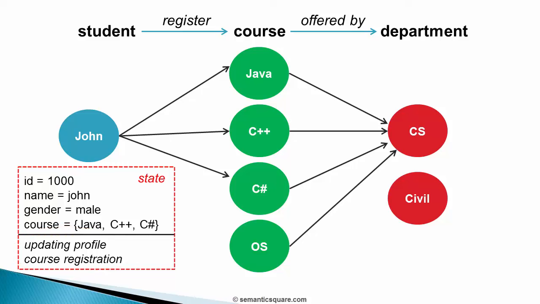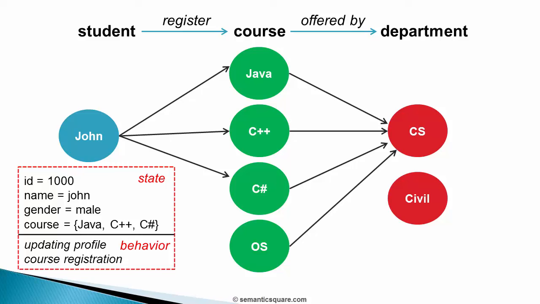In an object-oriented environment, this data that John's instance can have is generally referred to as the state of the instance, while these actions are referred to as behavior. And this whole instance of John is referred to as an object. So the student John is represented by this object, and similarly we can have other students represented by other objects which are unique to those students.